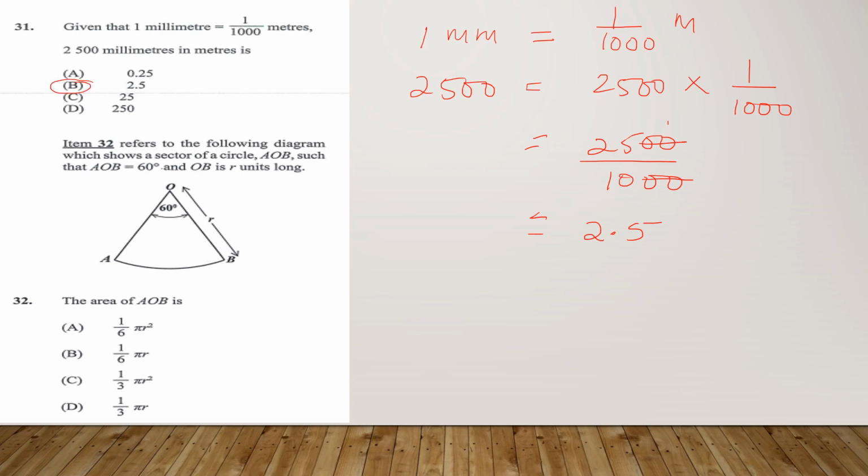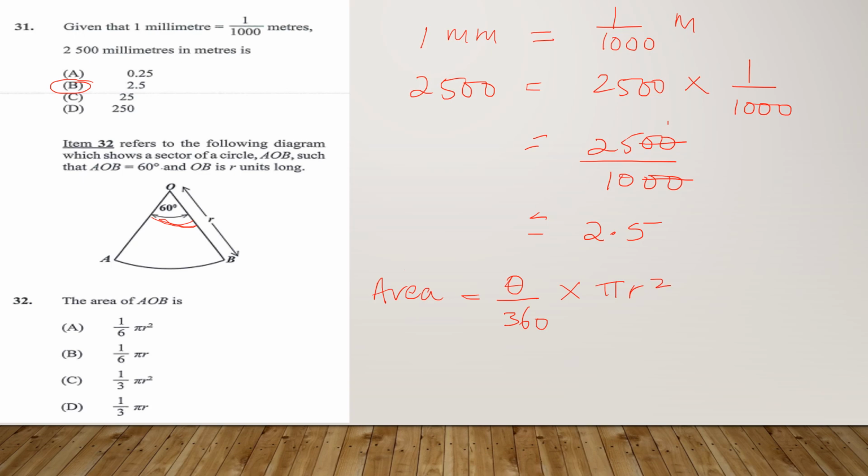32. The area of AOB is, so we are told here that the angle O is 60 degrees and OA is R units long. We know that's the radius. So what is the area of AOB? The area is equal to theta over 360 times pi r squared.